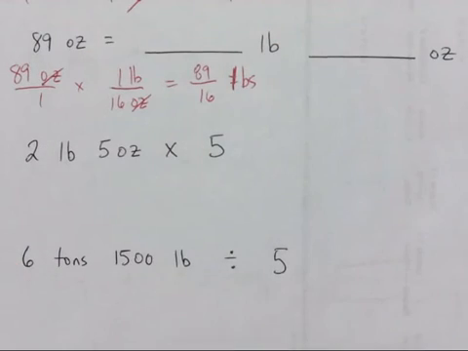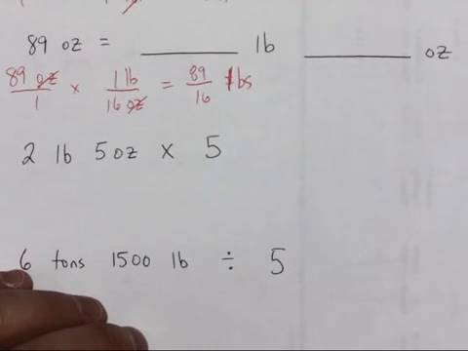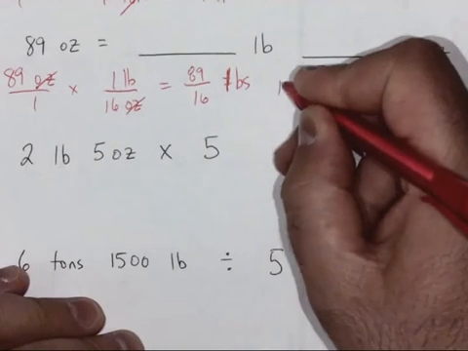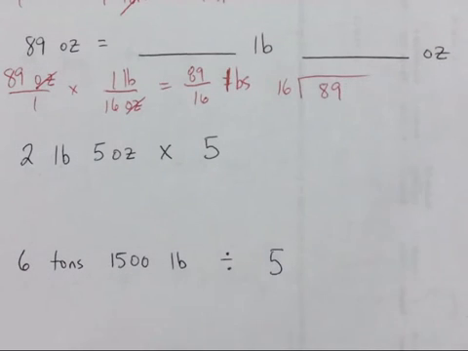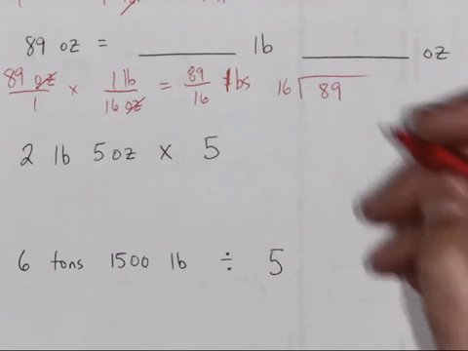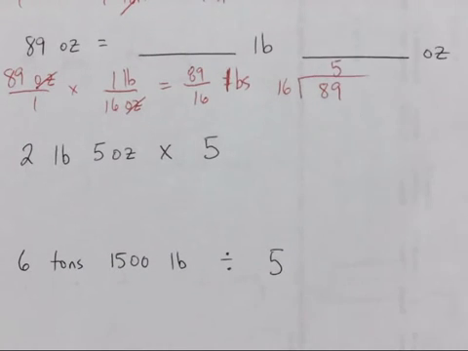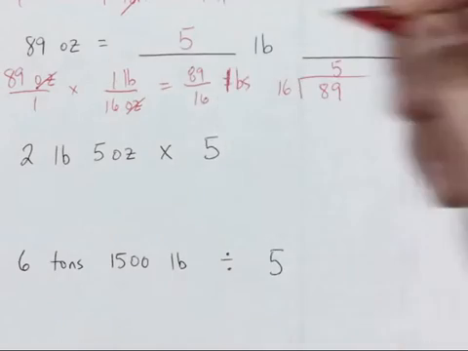Okay, and of course if I divide that, I'm going to get a decimal, which I don't want. So like we did last time with the length, we're going to do this with long division. See how many times 16 will go into 89. That goes 5 times evenly. So then we know that there are 5 pounds.